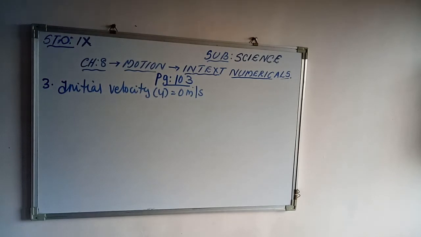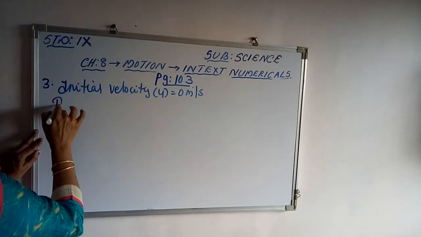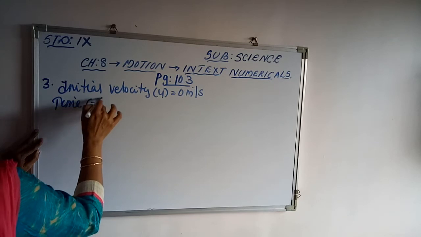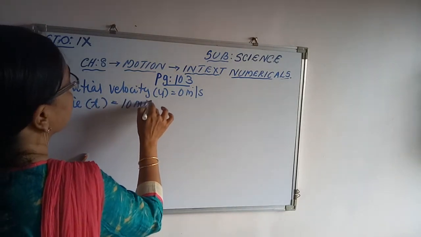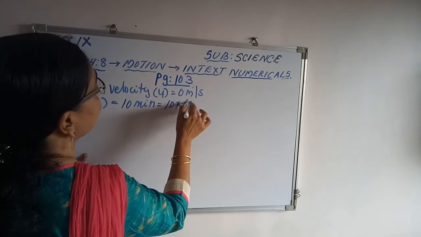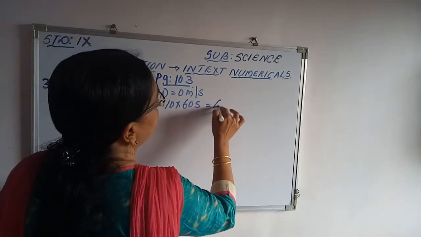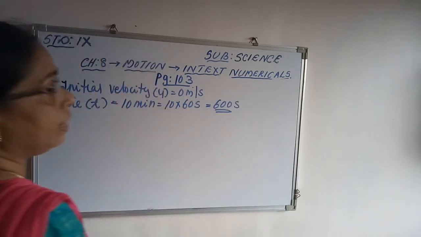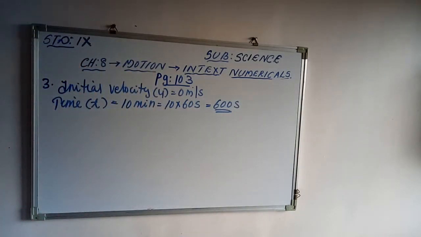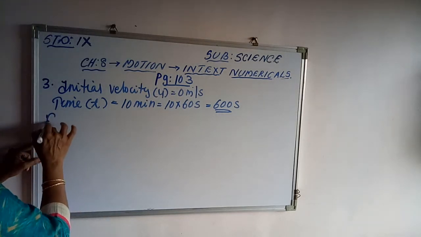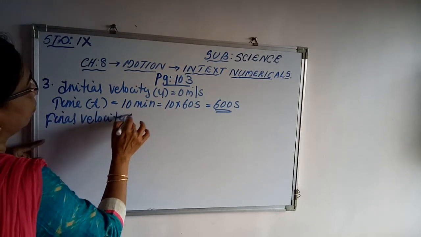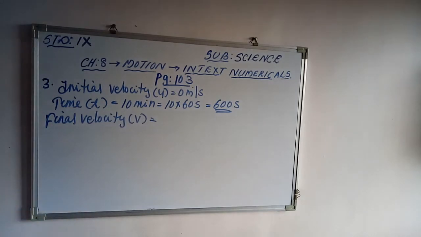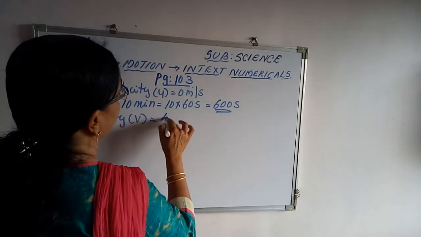And next what is given? Time t. What's the time? T is equal to 10 minutes. That's equal to 10 into 60 seconds. That's equal to 600 seconds. That's the time taken. Now, what's the final velocity v? Final velocity, how much given? 40 km per hour.